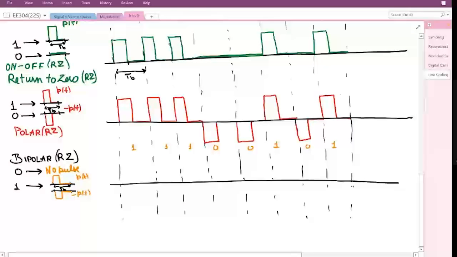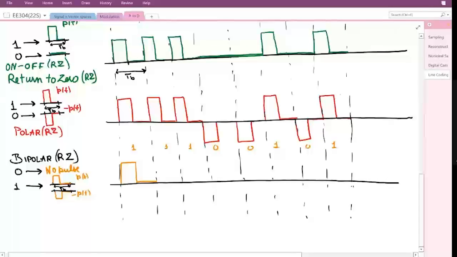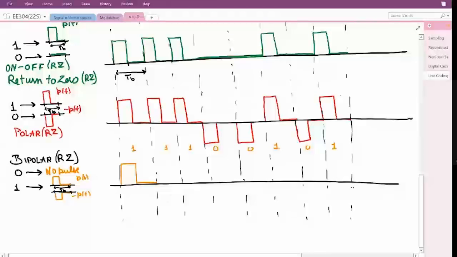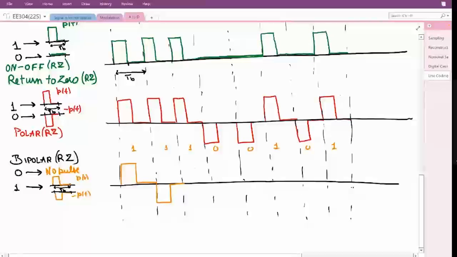For the first one, if this was the positive PT, then for the next one it becomes a negative PT, and then for the next one, as the previous one was negative, this becomes a positive pulse PT, and 0 remains unchanged.